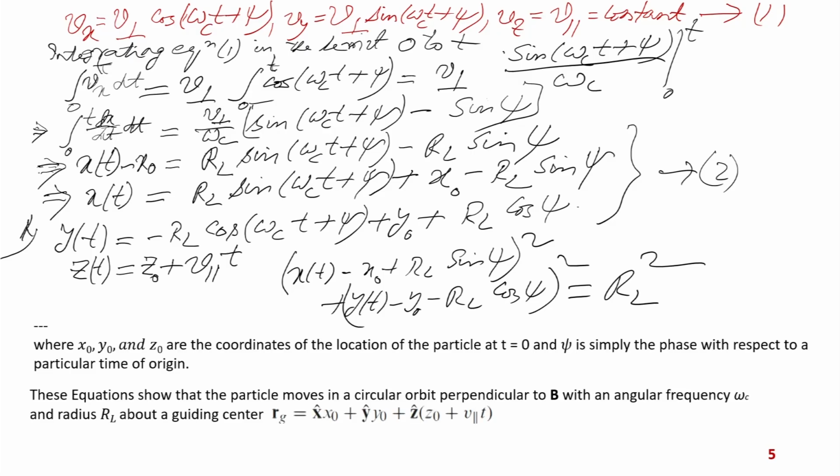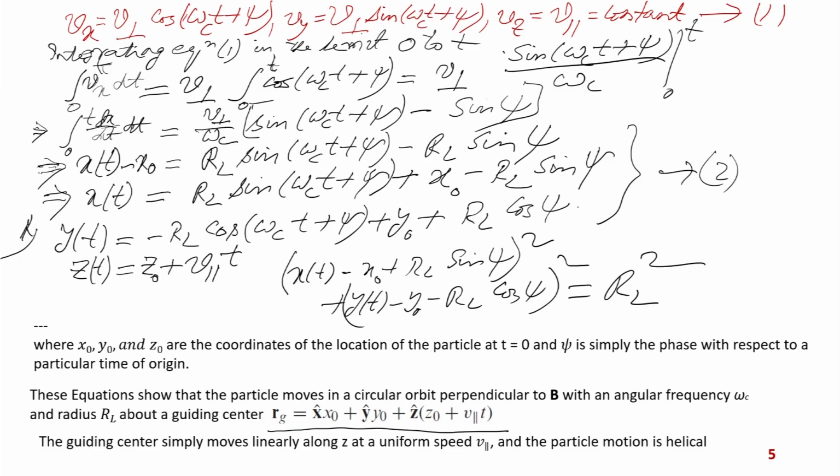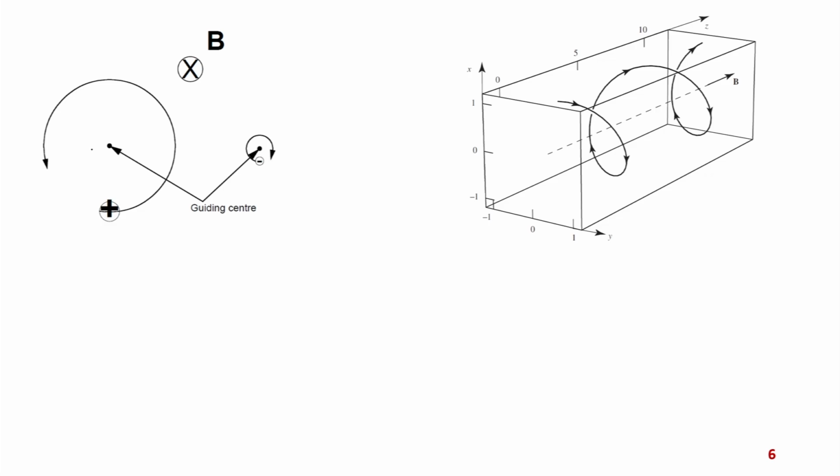This is the guiding center. The guiding center simply moves linearly along z at a uniform speed, as you have already seen, with a uniform velocity of v parallel, and the particle motion is helical. Here you see the guiding center, which is x 0, y 0 and z 0.